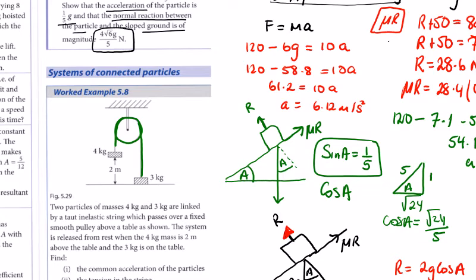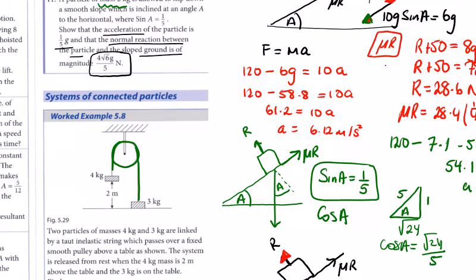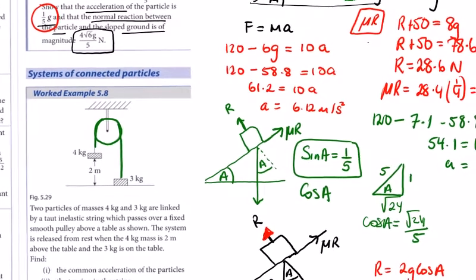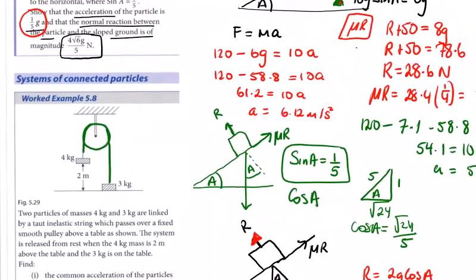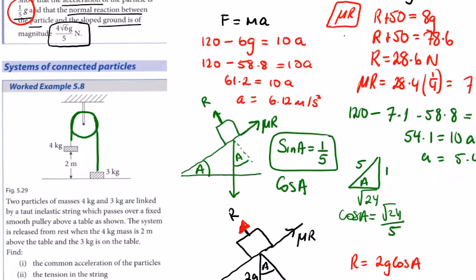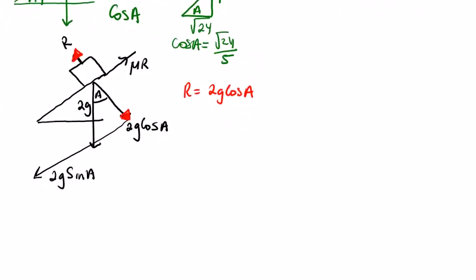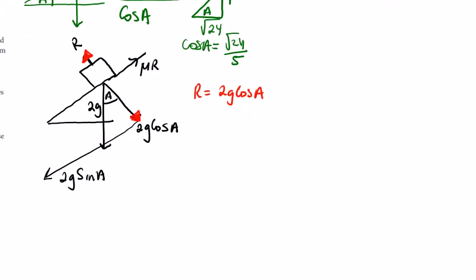We're told mu, and I'll show the acceleration is 1 over 5g, and the normal reaction is 4 root 6g over 5. So if we start with R is 2g cos alpha, we can get R is equal to 2g by root 24 over 5. So R is equal to 2 root 24 times g over 5.